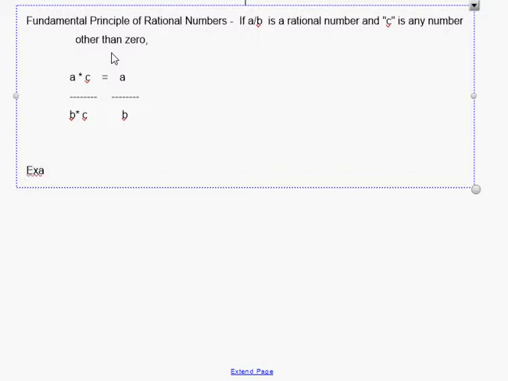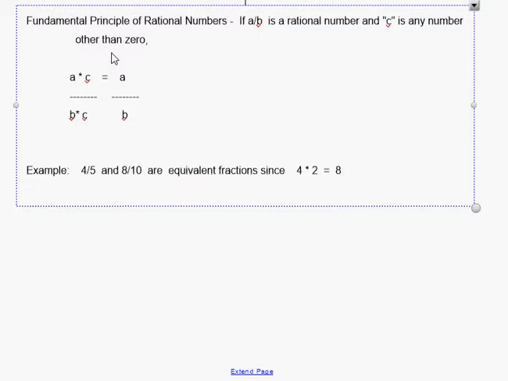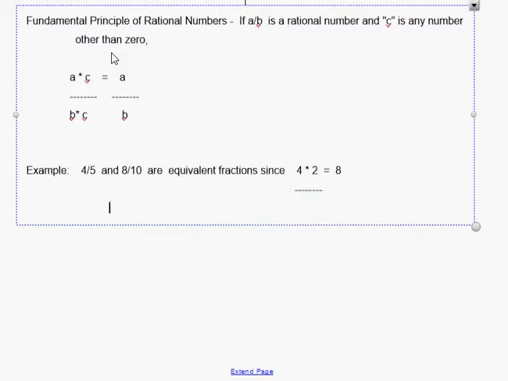For example, 4/5 and 8/10 are equivalent fractions since 4 times 2 equals 8 and 5 times 2 gives us 10.